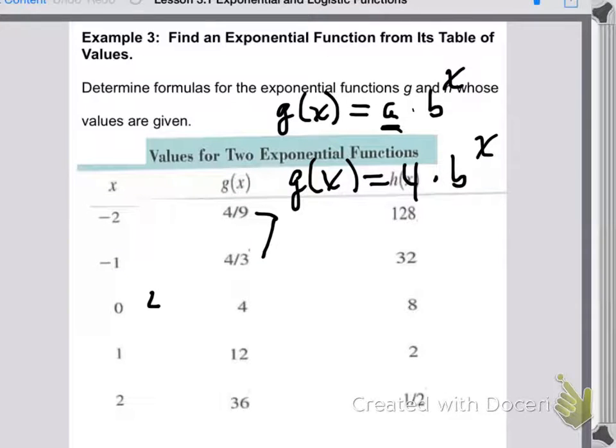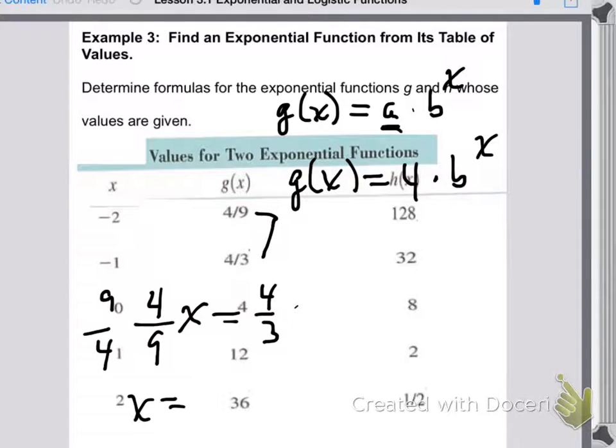So 4/9 times what number is going to give me 4/3. Alright, and so what I'm going to do is multiply by 9/4 both sides. And I'm going to get x equaling 3.